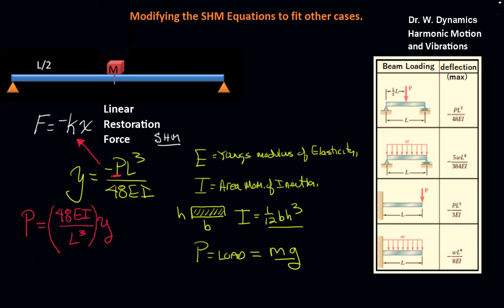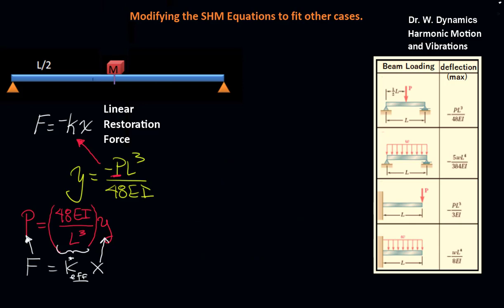And if we do that, this is starting to resemble F is equal to Kx, where x is your deflection, in our case it's y, F is the load that's applied, and K is the equivalent spring constant, we call it K star, or K effective. Now if we look at the deformation of this, there's a restoring force trying to push this back up as we deflect it, and that force would be described by this equation right here.